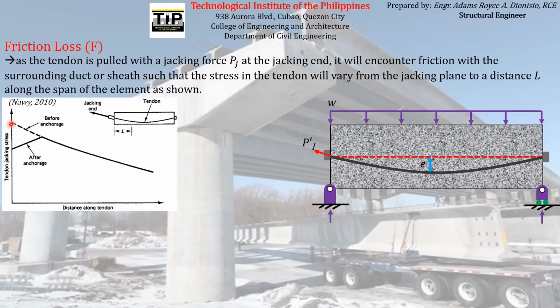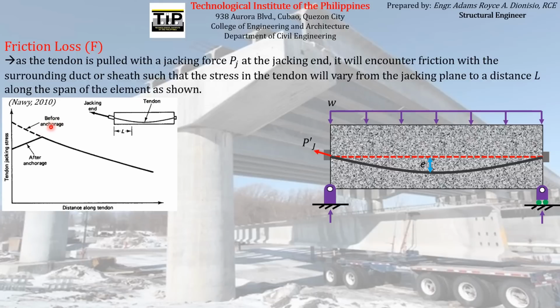You can see that there is a sudden decrease in the magnitude of the jacking stress acting on the jacking end, but it will eventually regain its magnitude at a certain distance L from the jacking end.